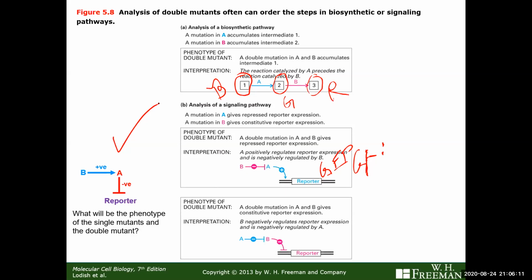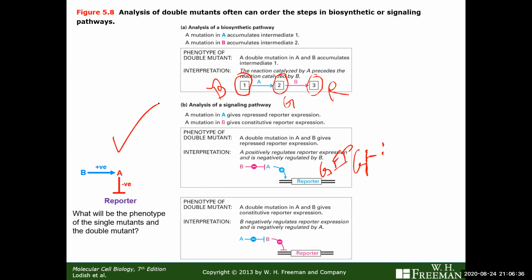If B is mutated, B helps the production of A, right? So if B is mutated, then A will not be produced. So it is as good as A not being there. So that will also give you enhanced expression of the reporter. And the double mutation will also give you enhanced expression of the reporter.